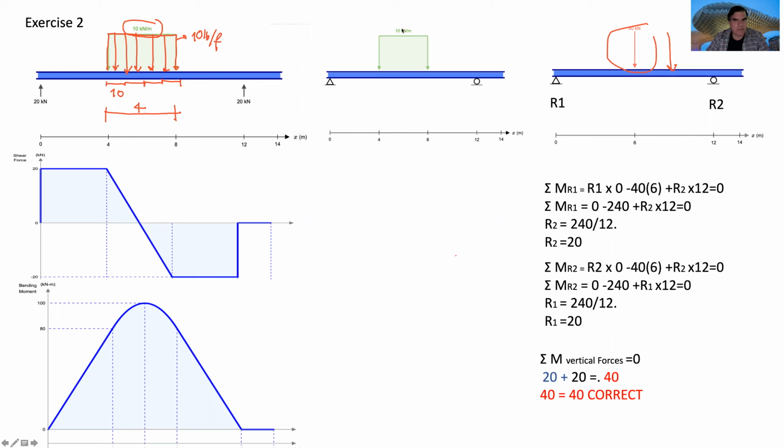Well, the total force of 10 kilonewtons per meter could be substituted by 40 kilonewtons, or 10 pounds per foot can be substituted by 40 pounds. It's very important to understand the denomination of this force.